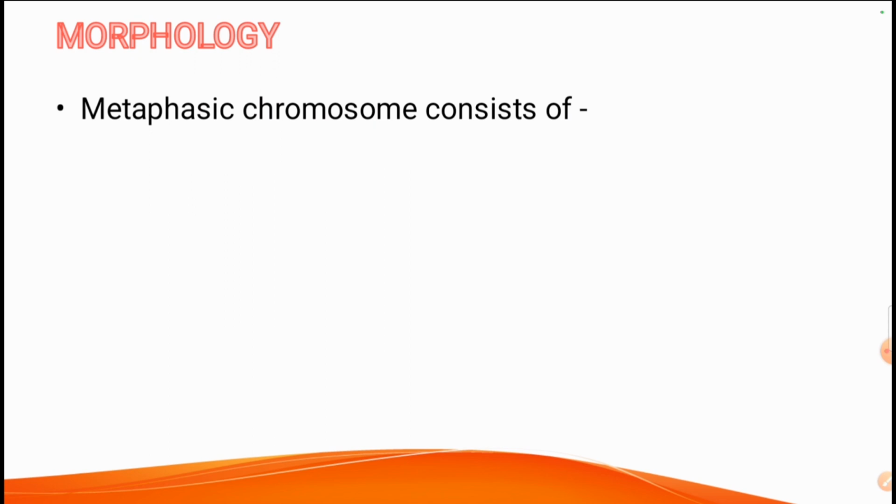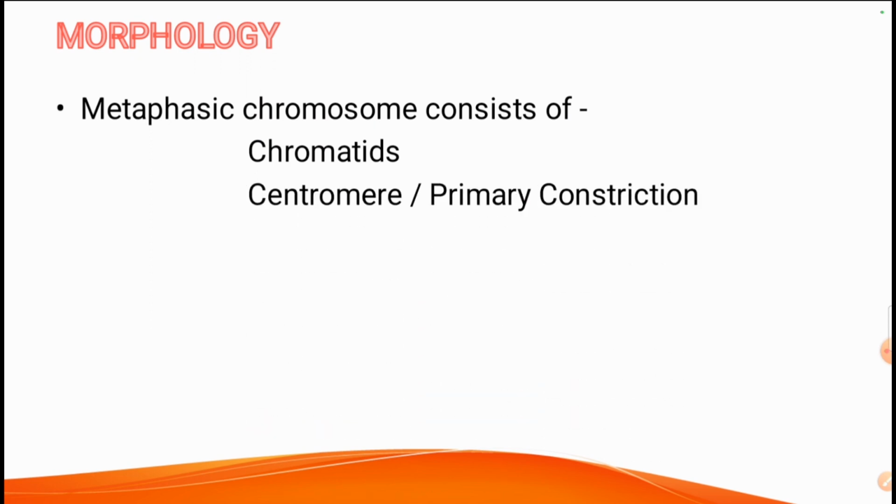After that, in metaphase and anaphase, the chromosomes become fully condensed and take the shape of chromatids. So this cyclic change of size of chromosomes during the cell cycle is called the chromosomal cycle.